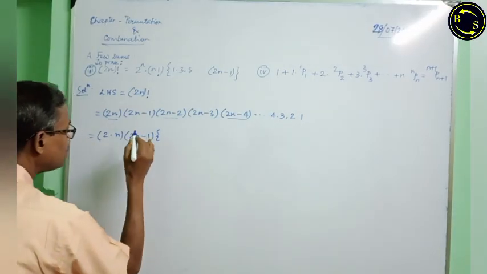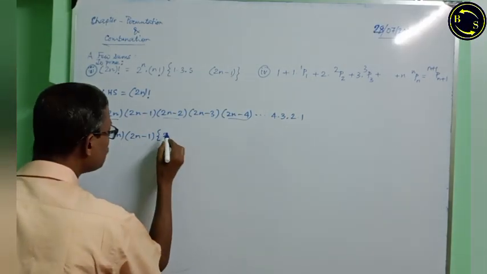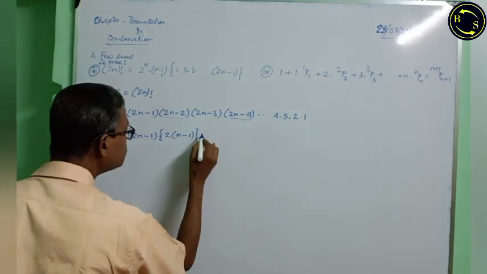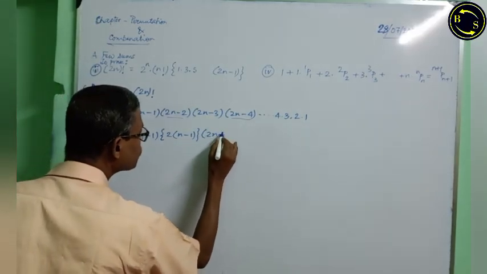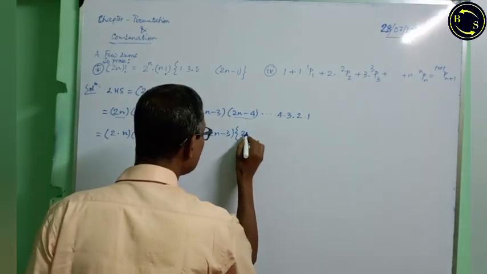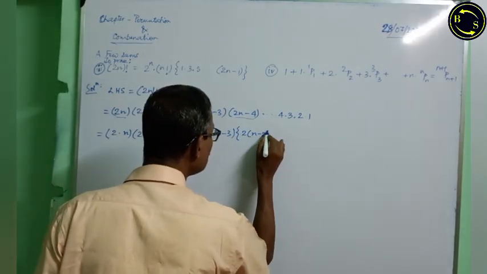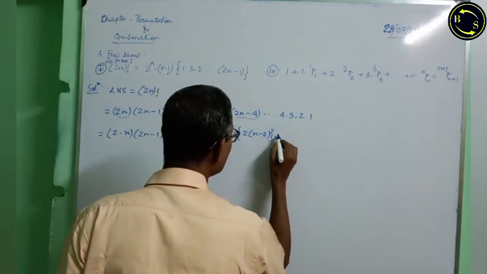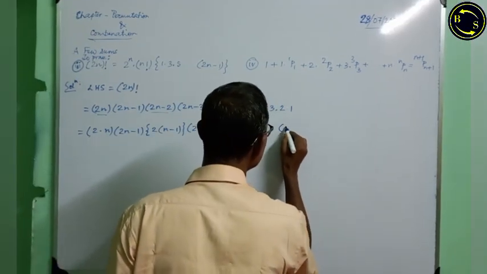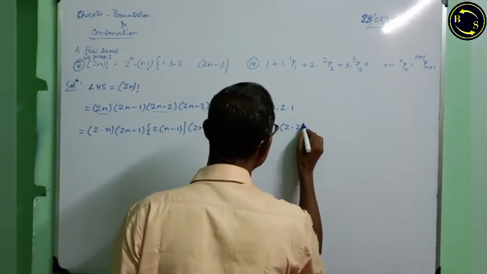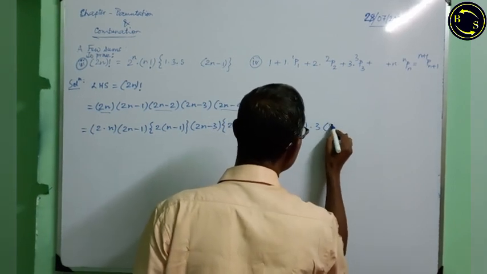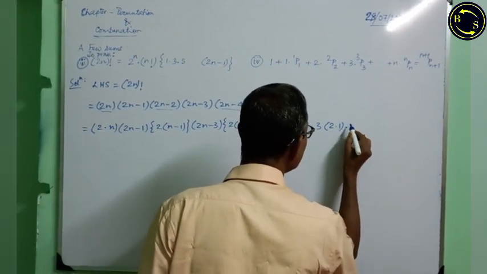Here I need second brackets, 2 into n minus 1, 2n minus 3, 2 into n minus 2, dot dot dot. In place of 4, we write 2 into 2 into 3. In place of 2, I write 2 into 1 into 1.